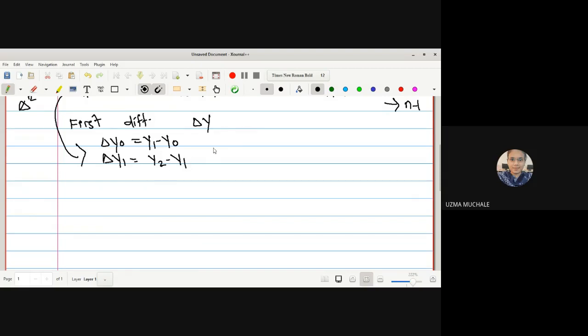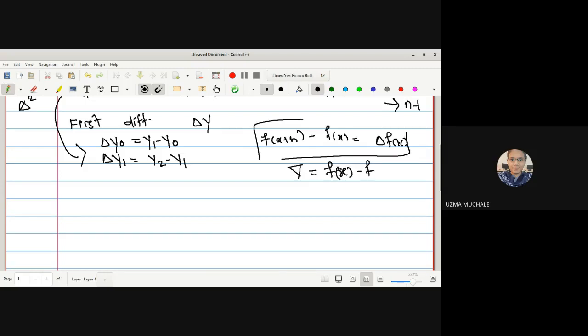In general, f of x plus h minus f of x is nothing but your delta f of x. In the exam it may be like this also: what is delta f x, or a question on what the backward difference operator is. It will be nothing but f of x minus f of x minus h in the backward difference, right?